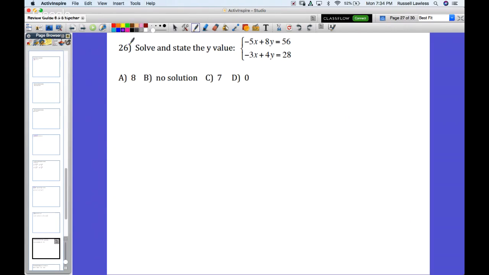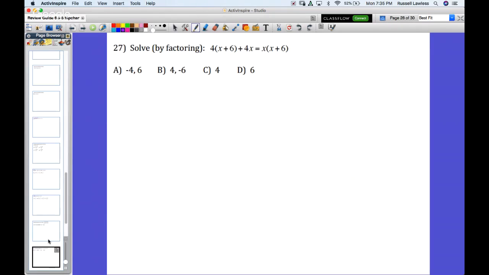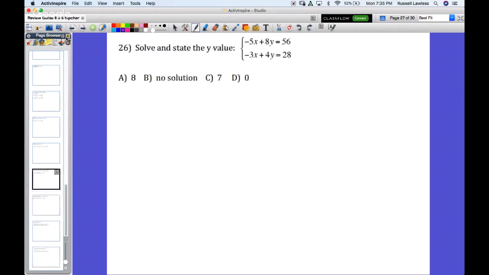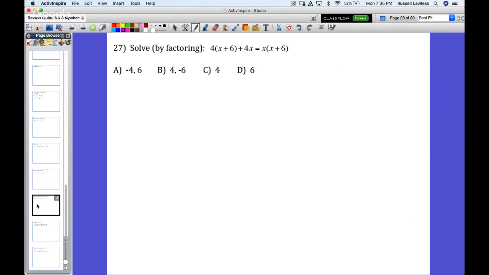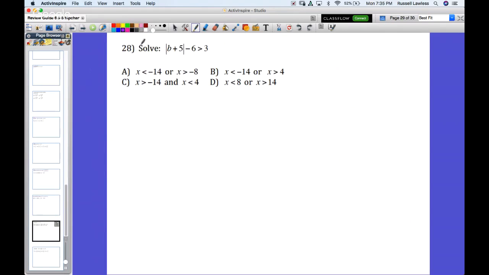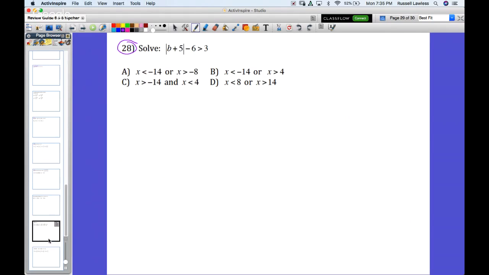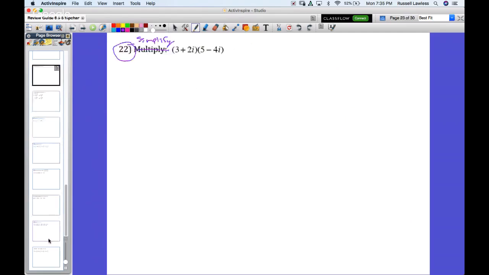And probably work on some practice of using elimination. Might be good to look at inequality too. So we'll look at inequality as well. That'll be good for our review.